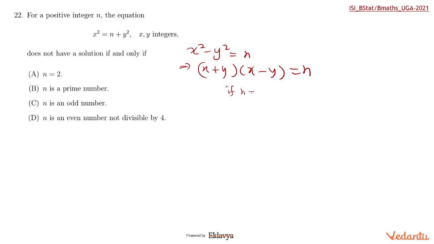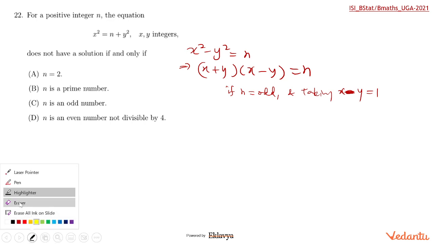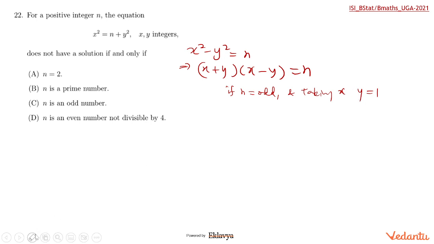Like if n is odd, तो taking x minus y to be 1 suppose, तो हमें एक सोल्यूशन तो मिल ही रहा है, राइट. सोल्यूशन क्या मिल रहा है? x आ जाएगा (n plus 1)/2 एंड y इज (n minus 1)/2. तो हमें कह रहा है कि doesn't have a solution, तो ये यहाँ पे फेल हो गया.